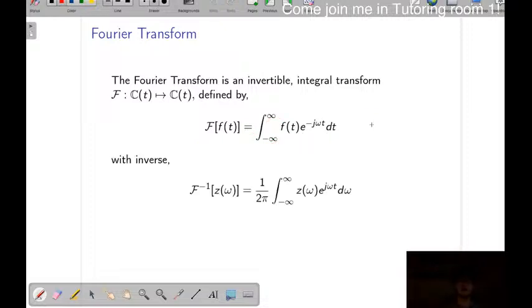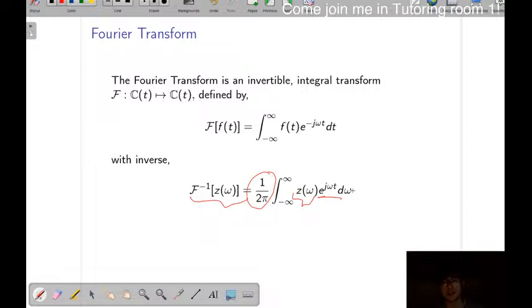And we can also invert this transform. So we can go from a frequency spectrum to the time domain with this integral. So we can go backwards. The inverse Fourier transform is defined as multiplied by 1 over 2 pi if we're using omega, times the integral from negative infinity to infinity of our frequency spectrum times the complex exponential, but now not inverted.